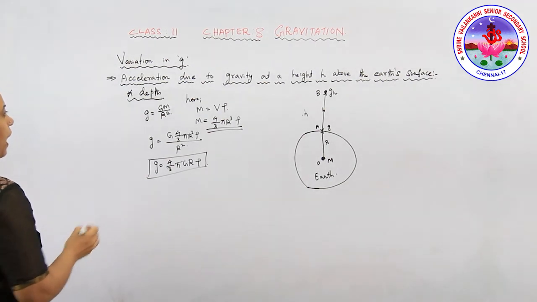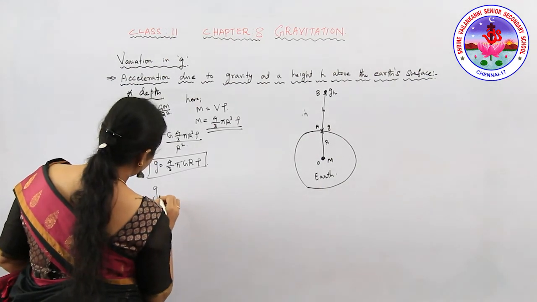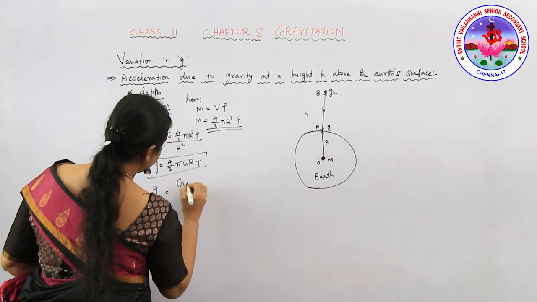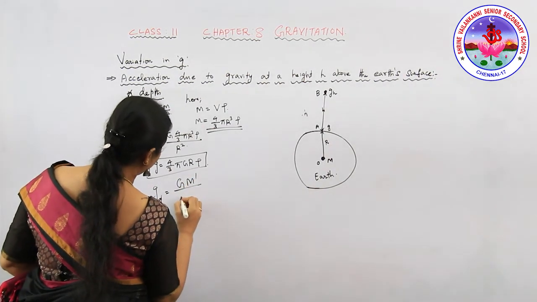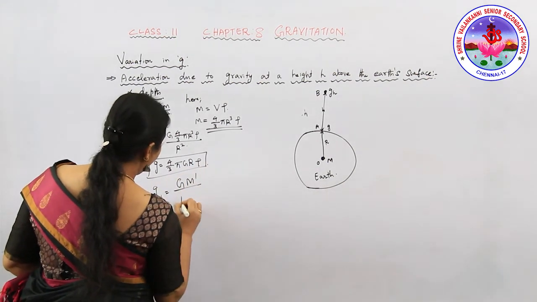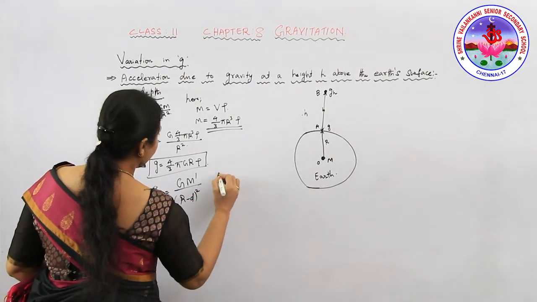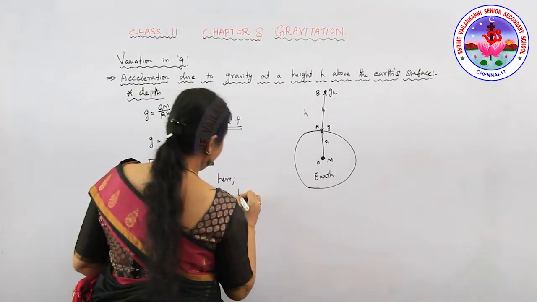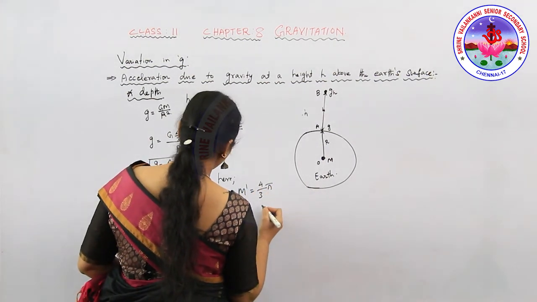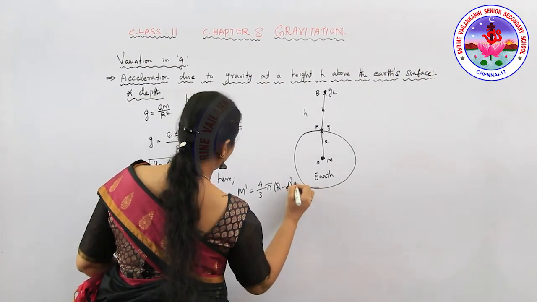Now for the depth, we take gd equal to G m dash divided by (R minus d) whole square, radius minus depth. Here m dash is equal to 4 by 3 pi, and instead of R cube you write (R minus d) whole cube.